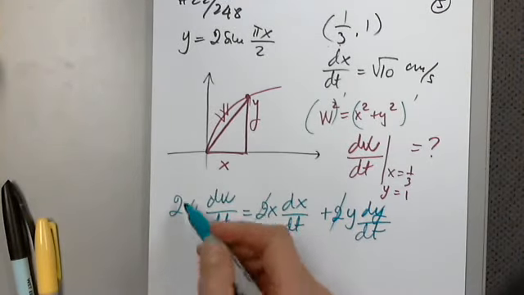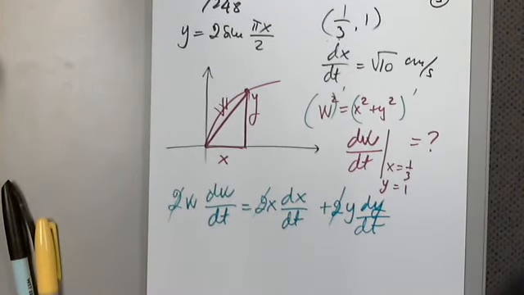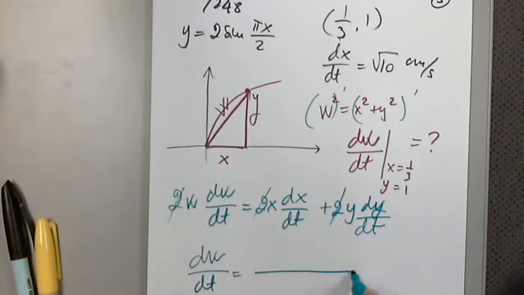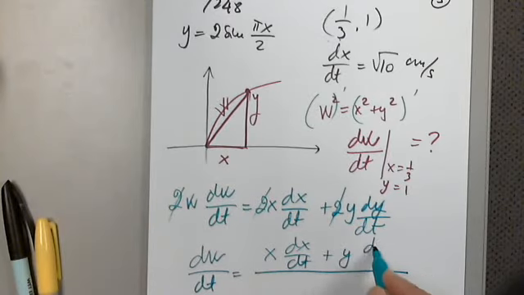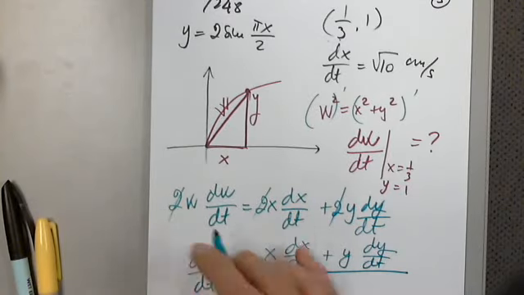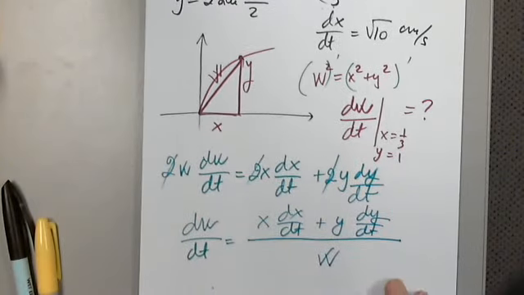Of course, I will simplify both sides by 2, and I will write that dw over dt is x dx over dt plus y dy over dt, everything divided by w. Now let's see if we have all the information we need.